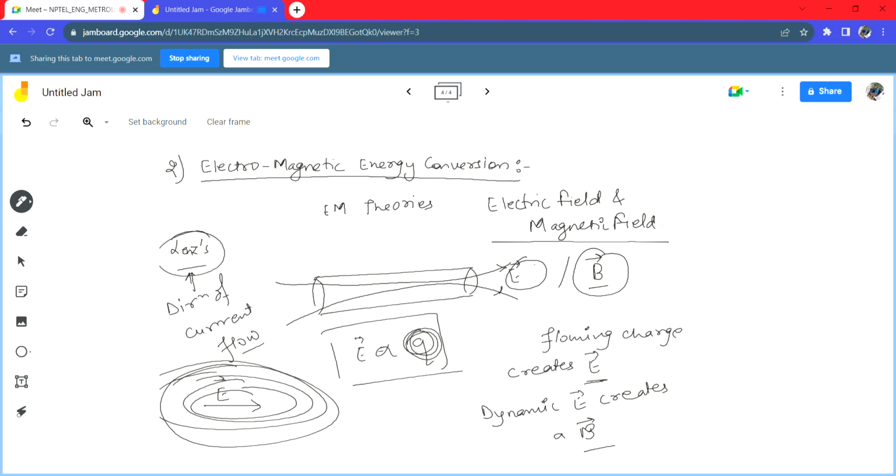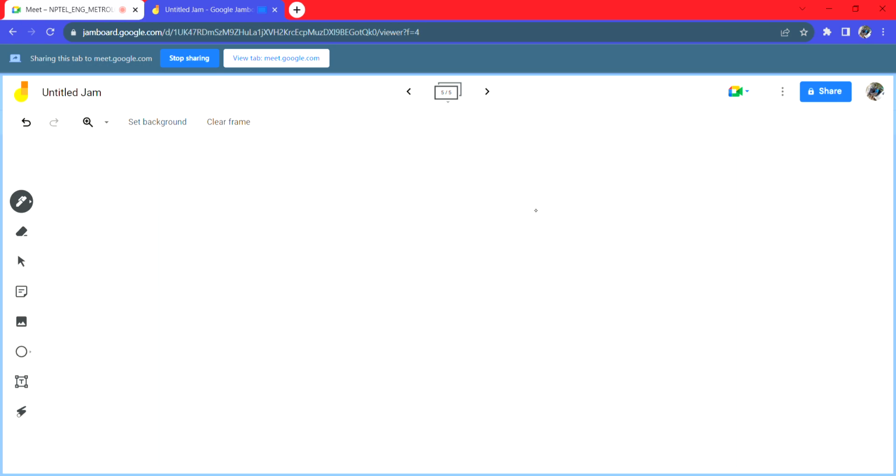So these kinds of electromagnetic energy conversions are very common while designing the transducers. Now the next kind of conversion we see is the electromechanical energy conversion.